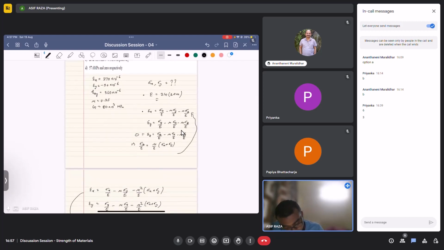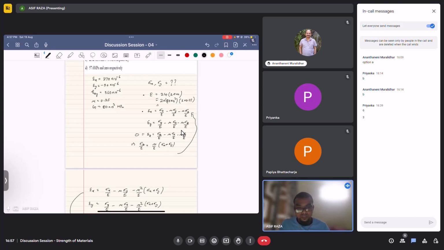So E is equal to 2 times 80 into 10 power 3 times (1 plus mu), where 1 plus mu is 1.25.